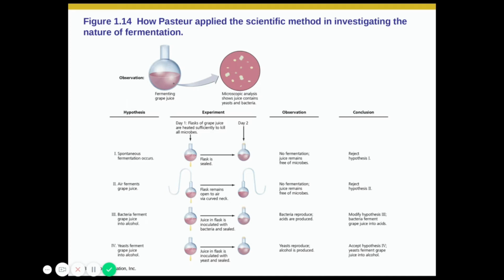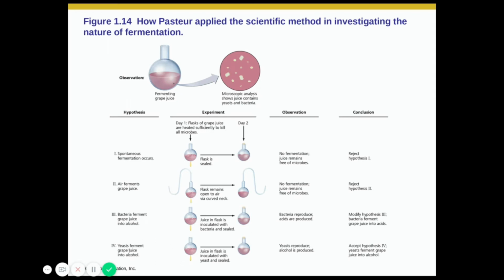Acid is not what you're going for, right? So bacteria is not causing that fermentation process that leads to alcohol. It's causing a fermentation process that leads to acid. We call it acid fermentation, lactic acid fermentation in particular. Now, this is acetic acid fermentation.